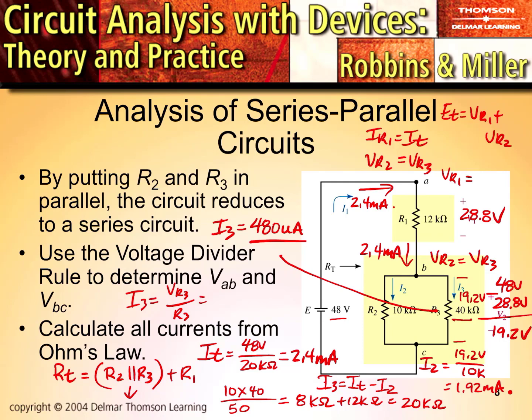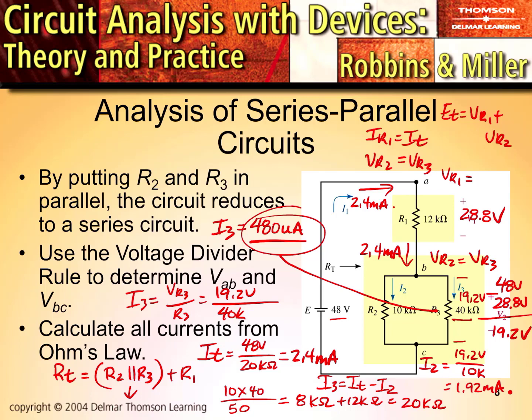VR3 is 19.2 volts divided by 40K. We should get the same result, right? 19.2 divided by 40 exponent 3 gives us 480 microamps. So we're just confirming using other methods.